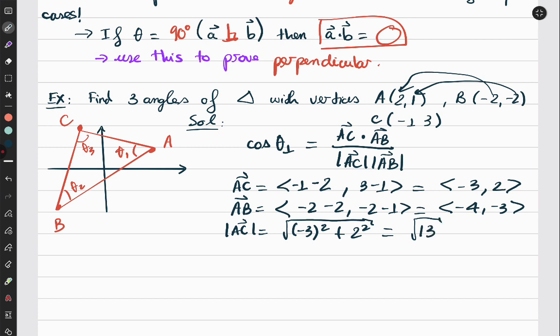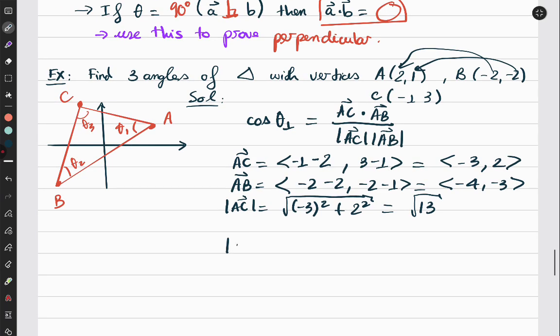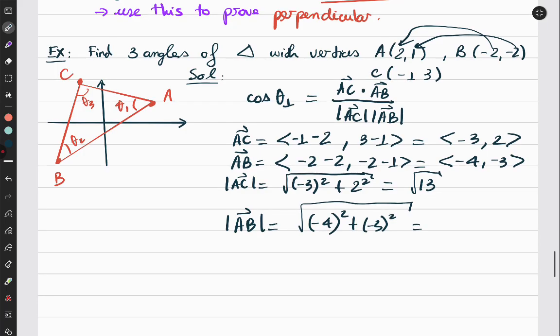Square root of 13. One more time, AB: -4 squared plus -3 squared. That is 16 plus 9, 25. Oh, that is a special combo. Fine.